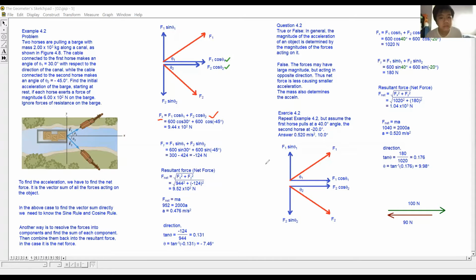Now you can substitute the numbers inside. F1 is 600, F2 also 600, but the angle is different. Theta 1 is 30 degrees, theta 2 is negative 45 degrees. If you take out your calculator and calculate the sum, is it equal to this 944?